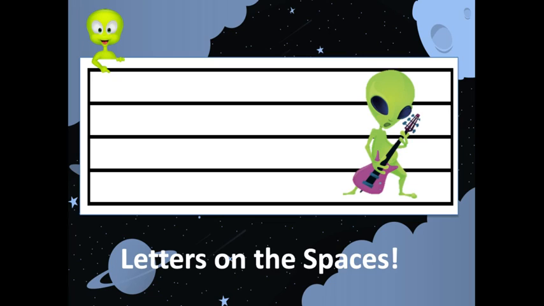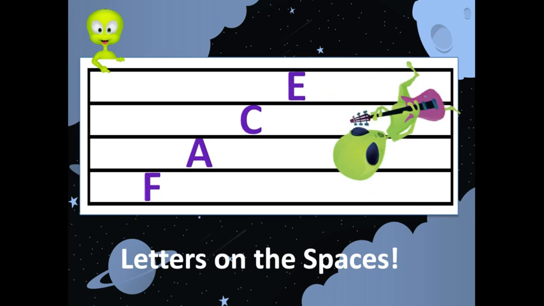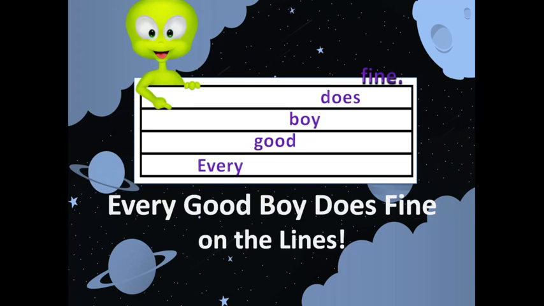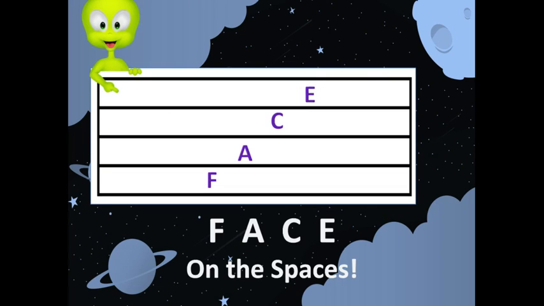Letters on the spaces look like this: F, A, C, and E. Face. Every good boy does fine on the lines. FACE on the spaces.